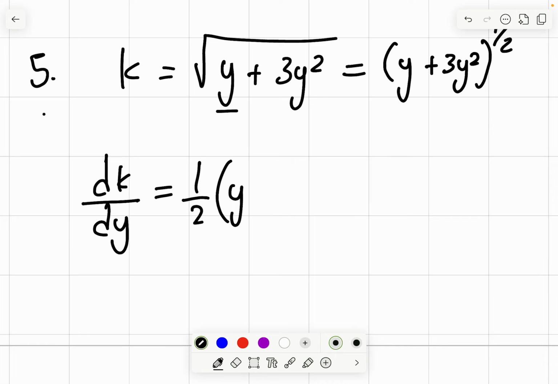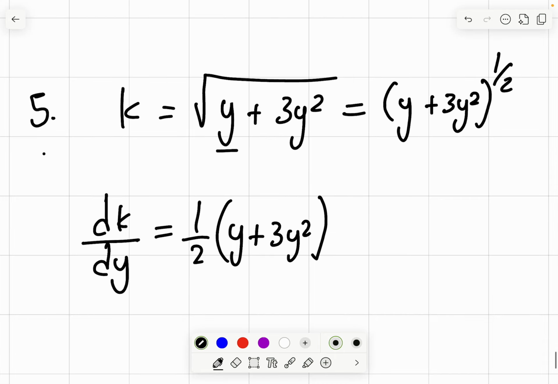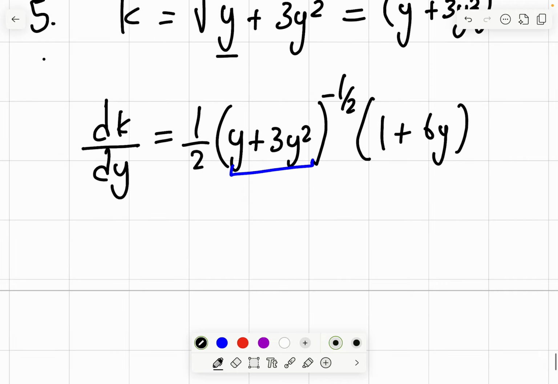Then keep that inner function. Subtract 1 from that half. You're going to remain with negative half. Then multiply by the derivative of whatever is inside, which is y plus 3y squared. The derivative of that is going to be 1 plus 6y. So my answer is going to be, I'm taking this thing back in the denominator.